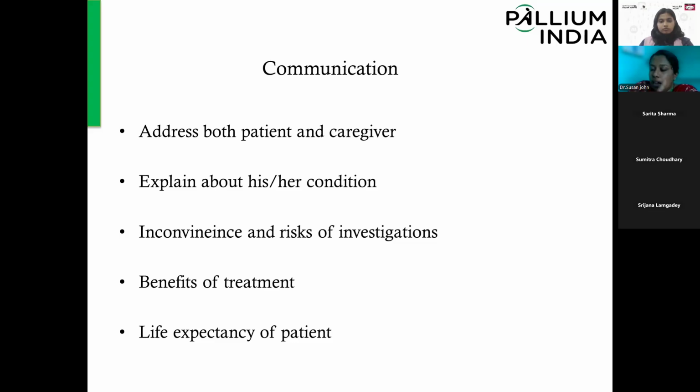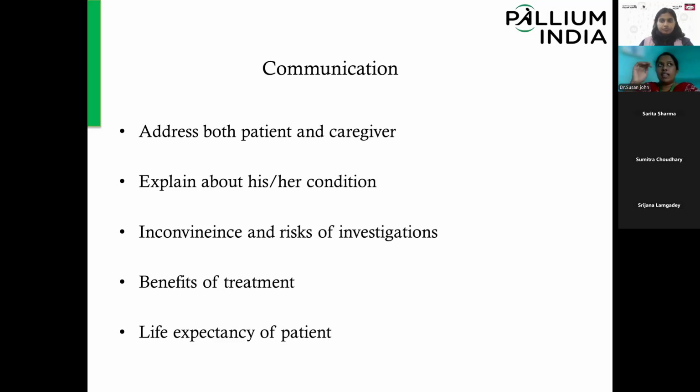Active management of breathlessness is not beneficial to palliative care patients. So you have to communicate to the patient if possible, or to the caregivers, earlier why we are not doing any investigation or too much intervention for this patient. That is very, very important.